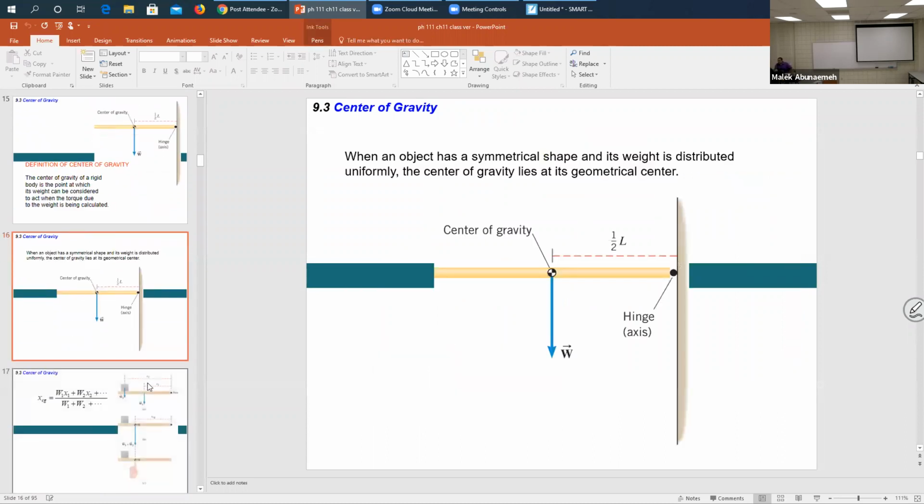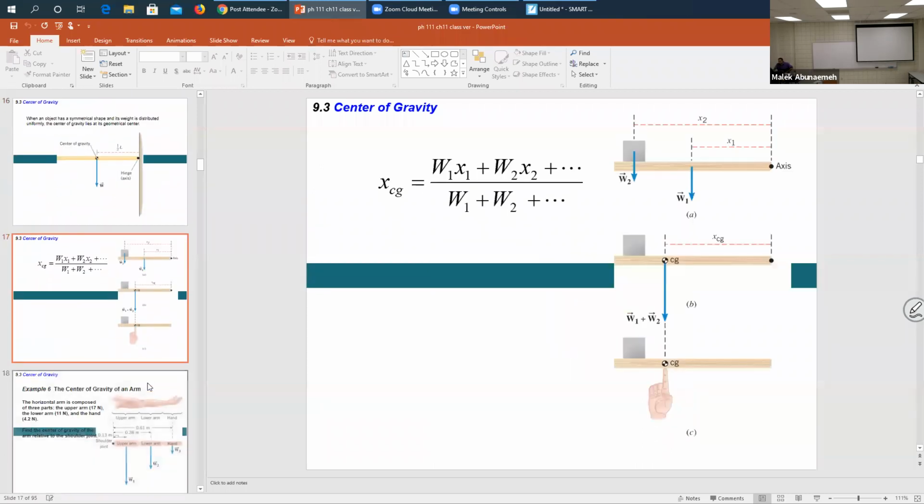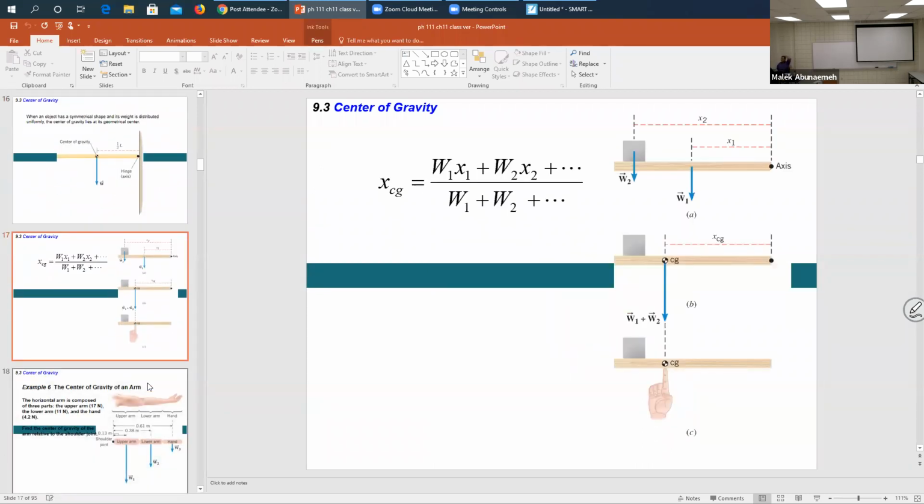So basically, when an object has a symmetrical shape and its weight is distributed uniformly, the center of gravity lies in the geometrical center. Now, the center of gravity is going to equal weight 1 multiplied by the distance x1, plus your second weight multiplied by its distance, plus your third weight multiplied by its distance, etc., divided by weight 1 plus weight 2 plus weight 3.